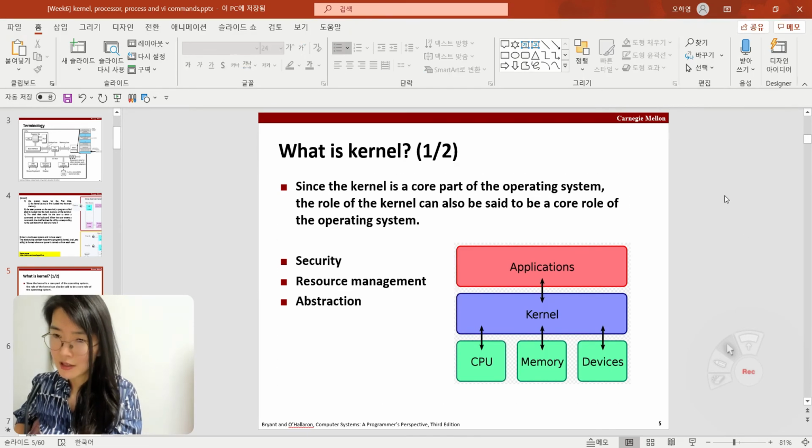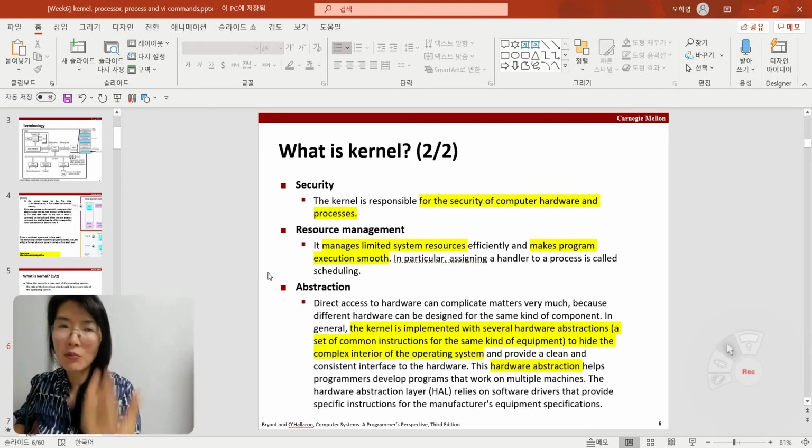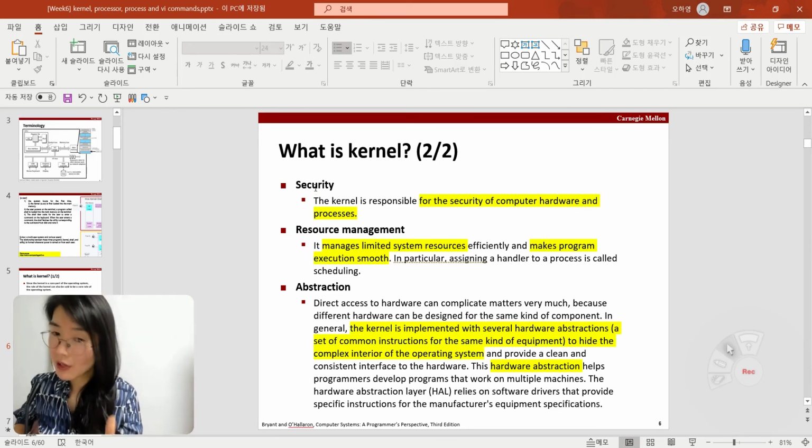Alright, so if we touched each definition in detail with this slide, I can summarize each concept with the main parts of each paragraph. The security.